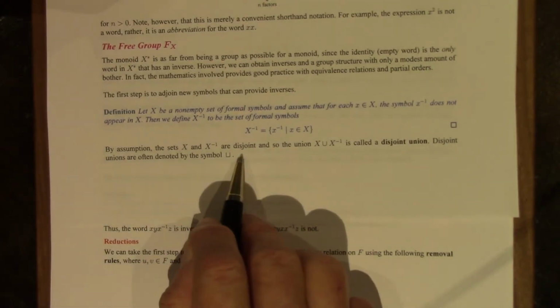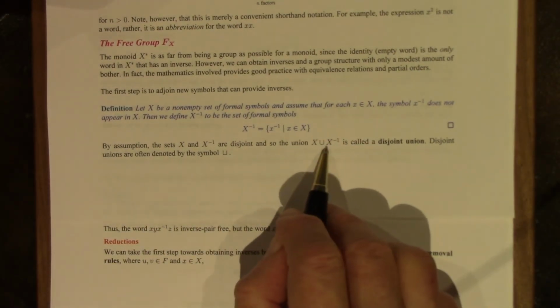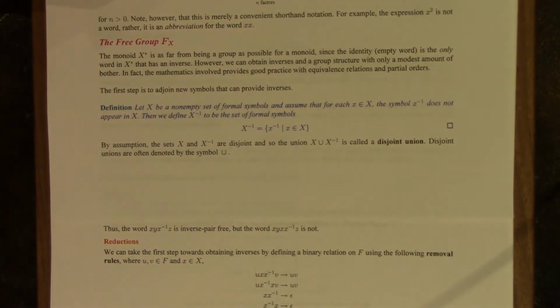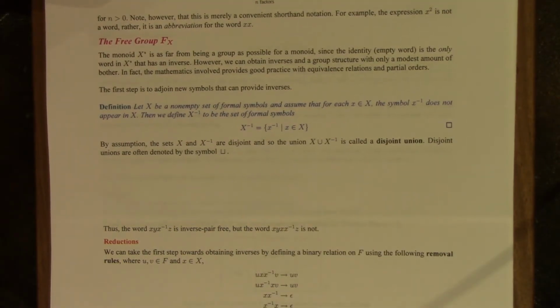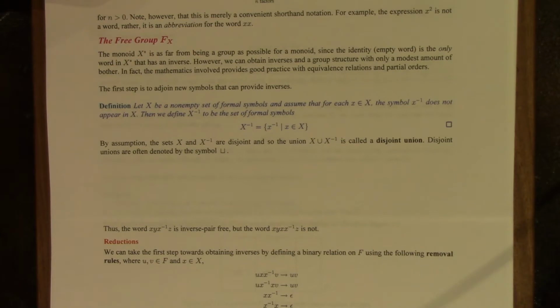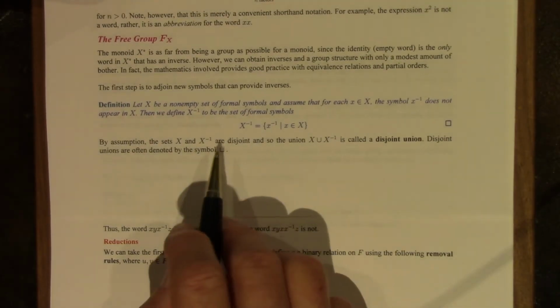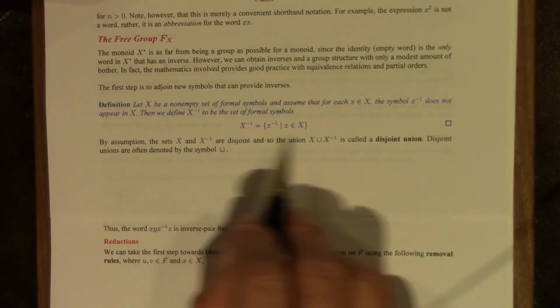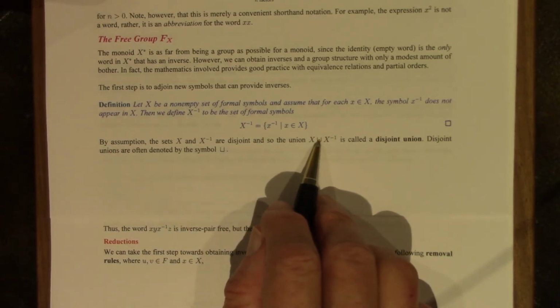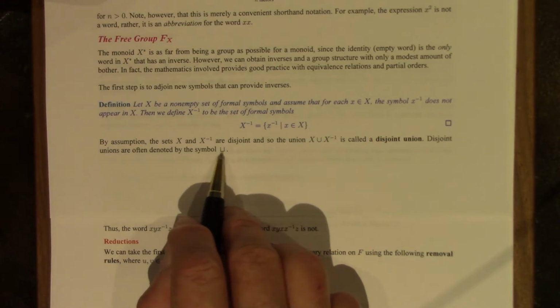So by assumption, X and X inverse are disjoint. So their union is called a disjoint union. That just means it's a union whose participants are disjoint. And there's a symbol for disjoint union. It's similar to the union symbol, but instead of having a rounded bottom, it has a flat bottom.